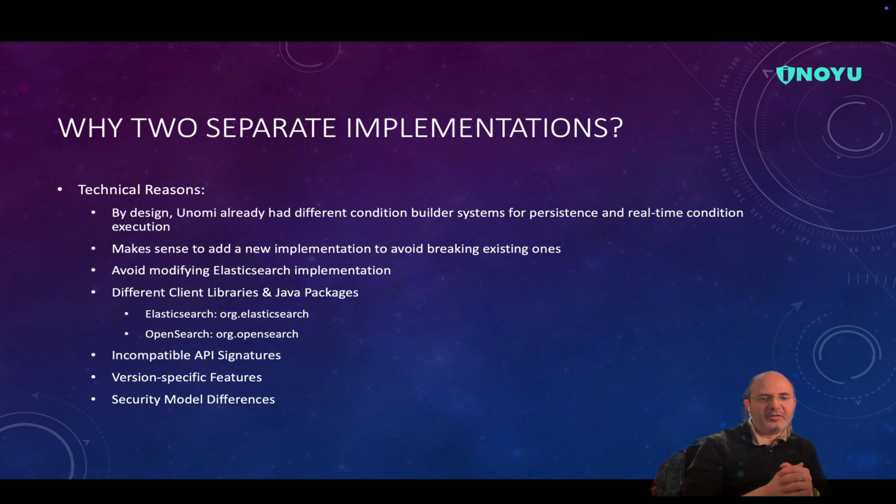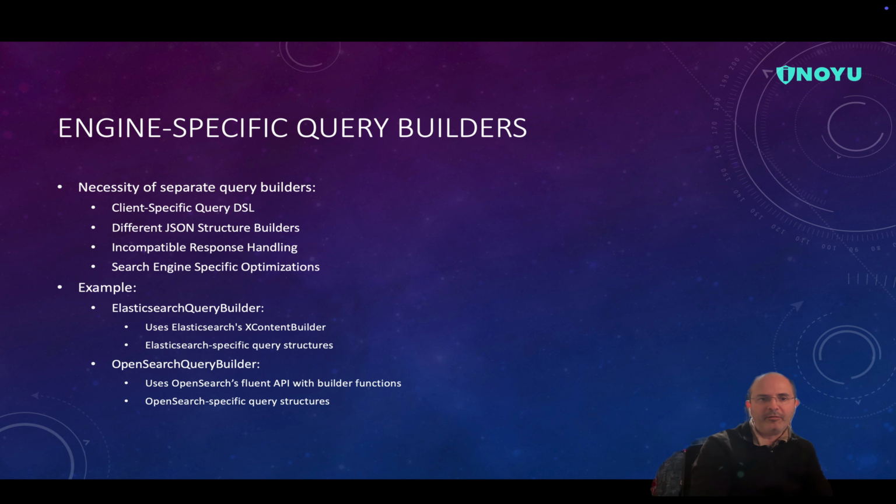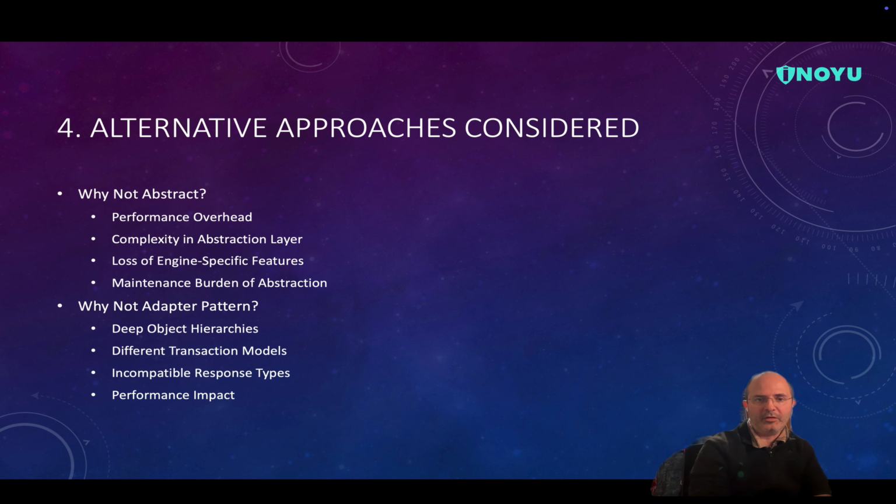As I said, there are version-specific features and security model differences, not very major ones, but some minor ones. I don't want to get too much into the details, but there are different domain-specific languages for the queries in the different engines. This is one of the reasons I had to do it this way.